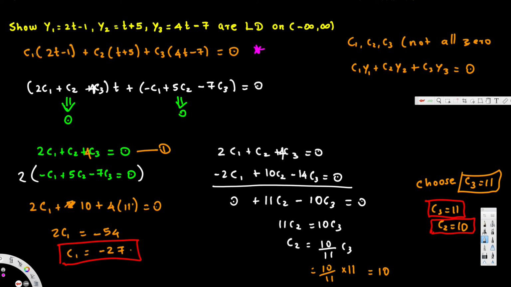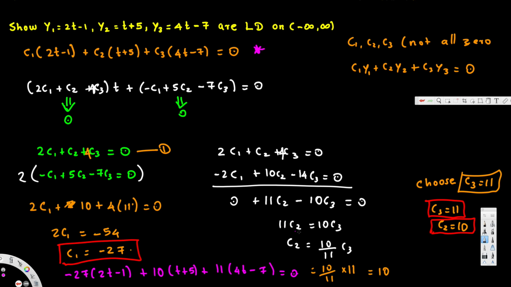C1 is negative 27. Negative 27 times (2t minus 1) plus C2 is 10, 10 multiplied by (t plus 5), and then C3 is 11 multiplied by (4t minus 7). All of this has to give us 0.